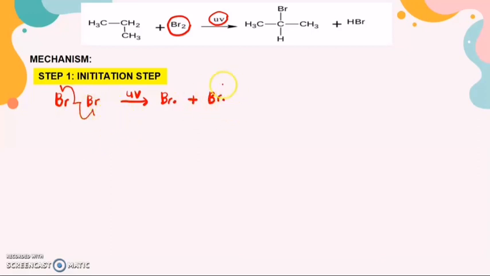Our free radical already exists, and let's say this reaction occurs in this test tube, and you put the mixture of propane here, and there is also bromine, and it is exposed to sunlight.